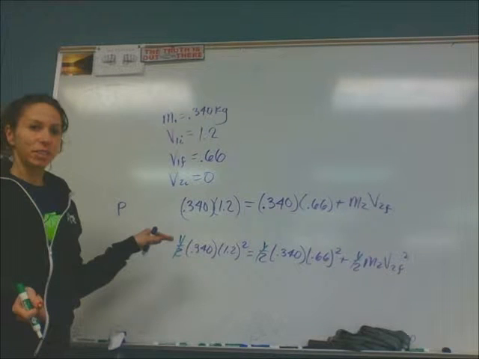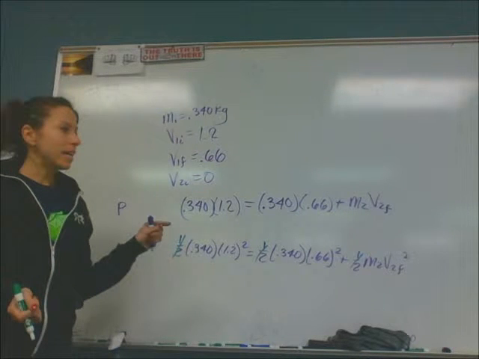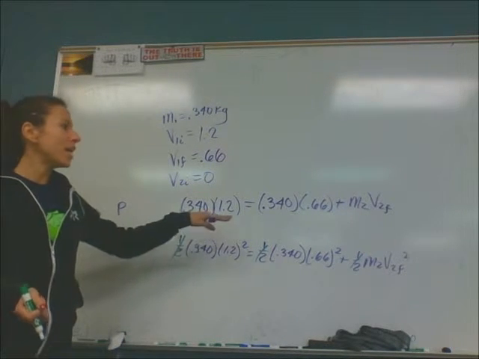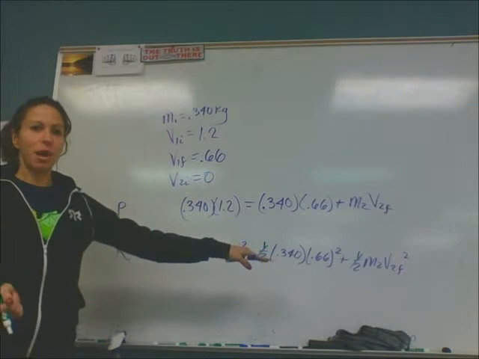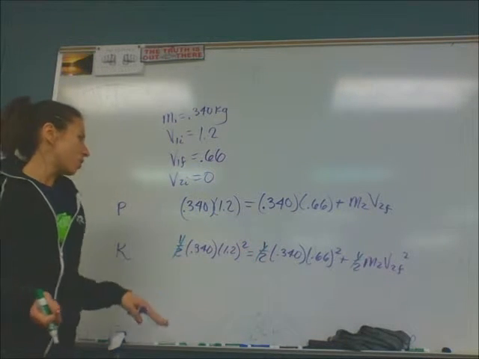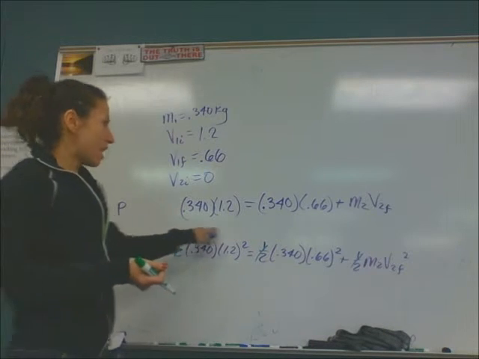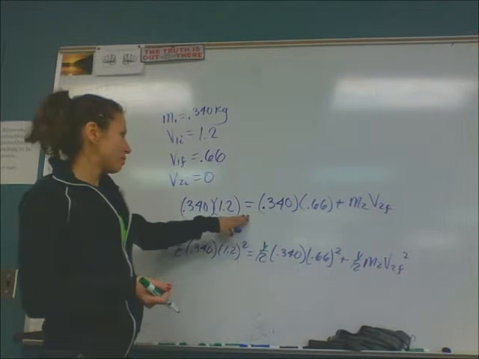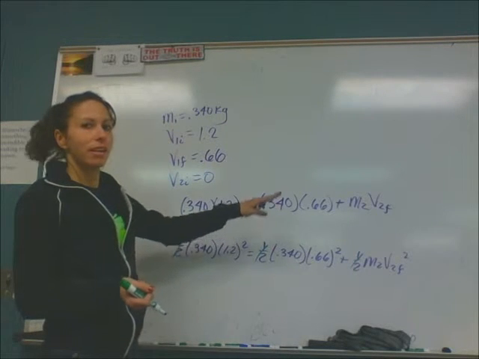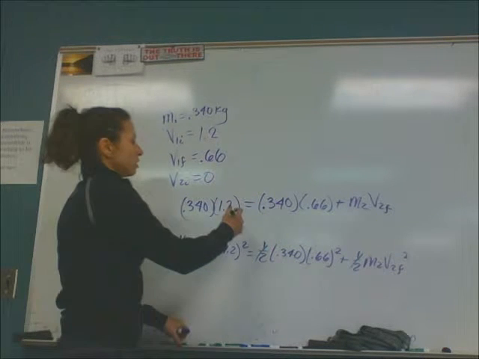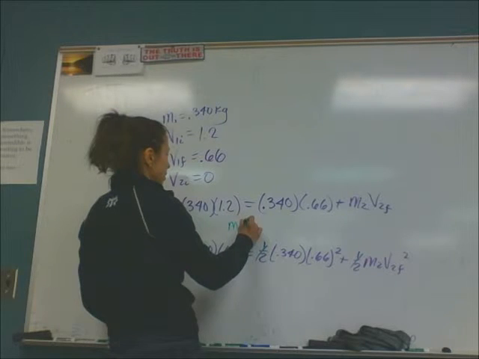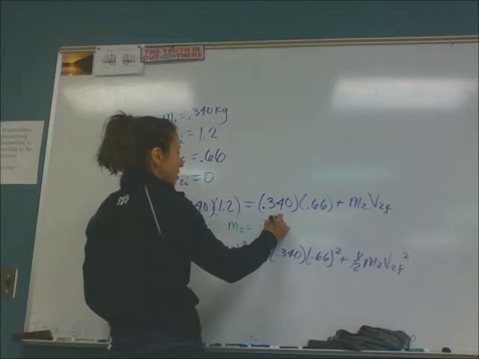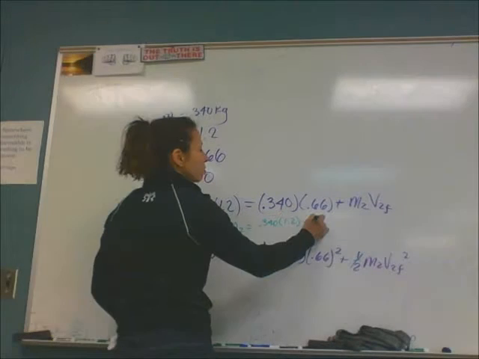Okay? So then you get 0.340 times 1.2 squared equals 0.340 times 0.66 squared plus, and then this whole mess here, 0.340 times 1.2 minus 0.340 times 0.66 over v2f times v2f squared.